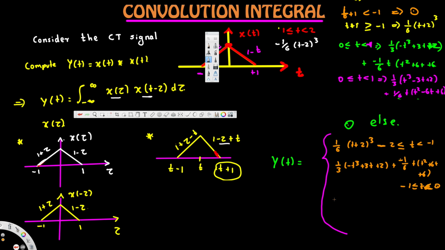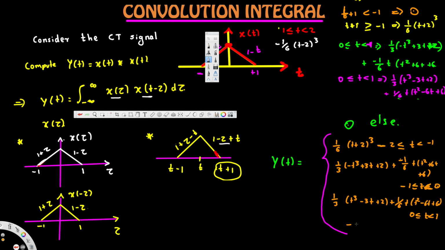And also we had 1 over 3 t cubed minus 3t plus 2 plus 1 over 6 t squared minus 6t plus 6, when t is between 0 and 1.